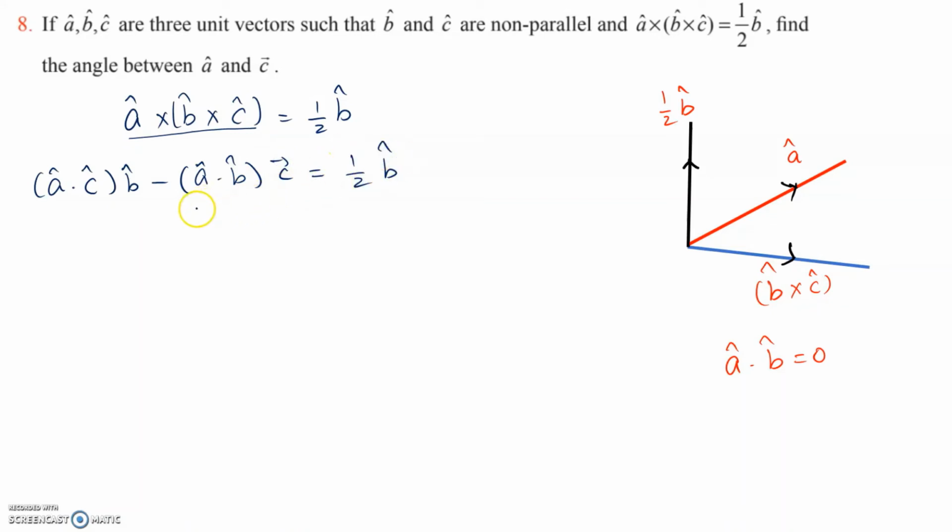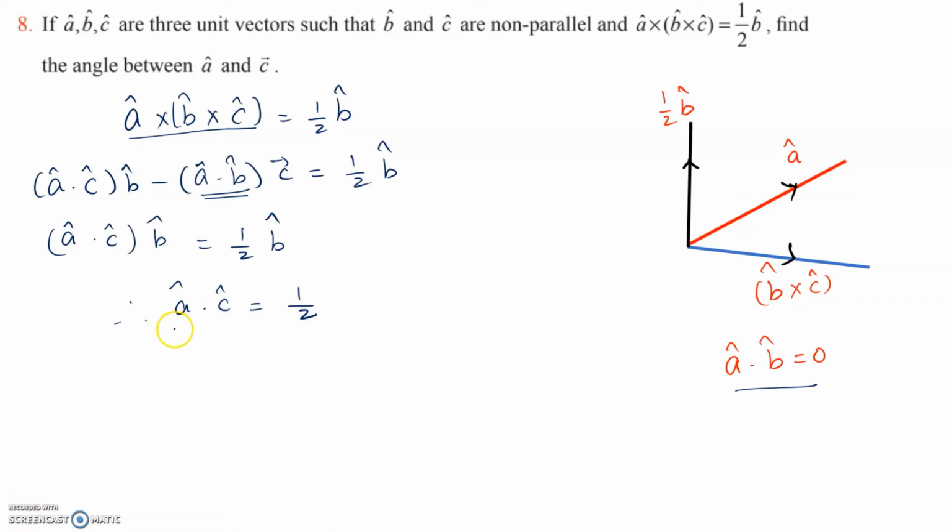Now we know that A cap dot B cap is equal to 0 from here. So substituting that, we get A cap dot C cap B cap is equal to half of B cap. Therefore, we can say A cap dot C cap is equal to half.